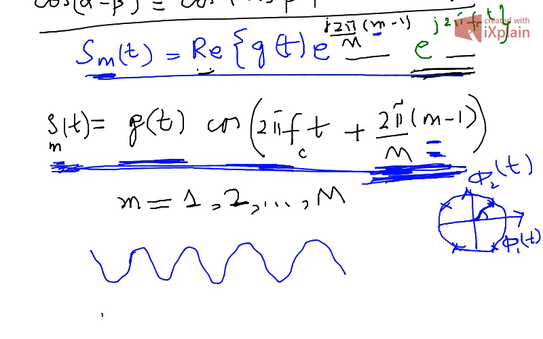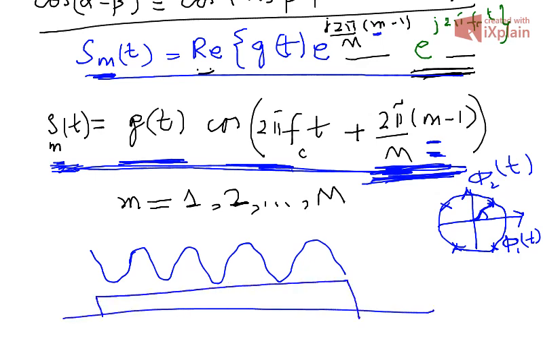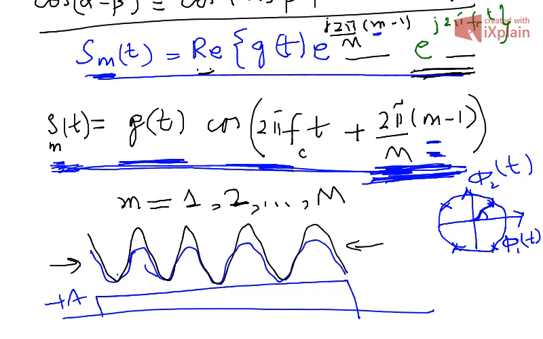If you multiply it with a square gate pulse, you will be left with just the sinusoid, because this is just the scaling factor. It will just scale the amplitude of this waveform, and you will get the same sinusoid. So the waveform would be something like this. We will see it later on.